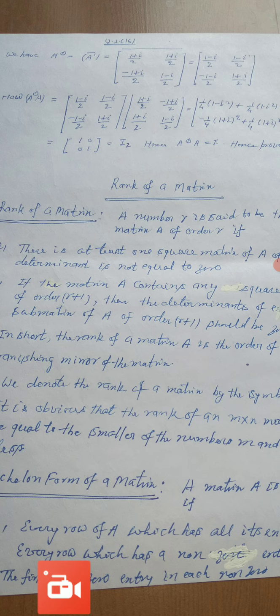In short, the rank of a matrix A is the order of the highest order non-vanishing minor of the matrix.